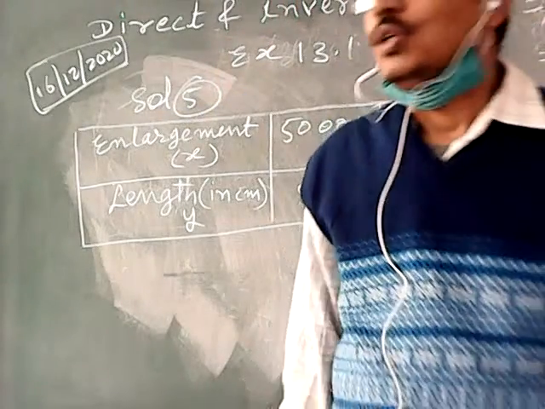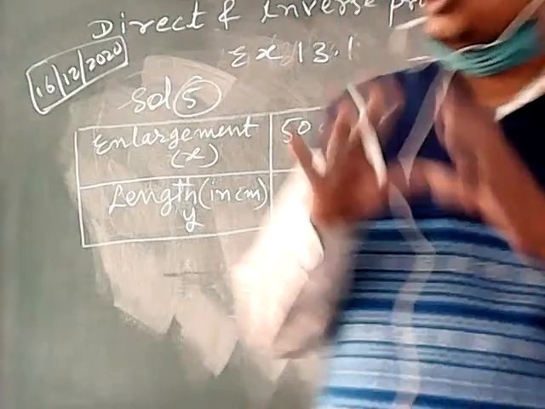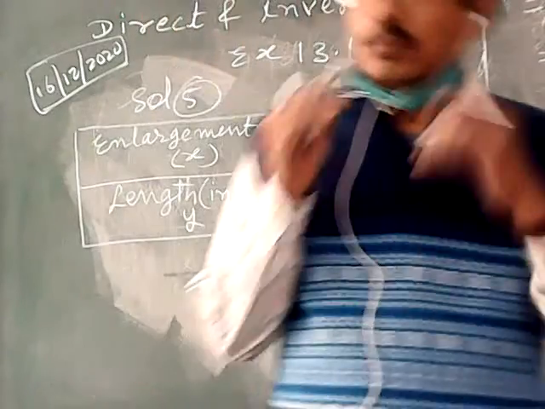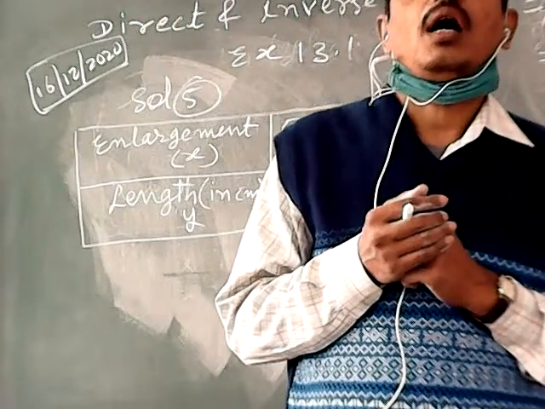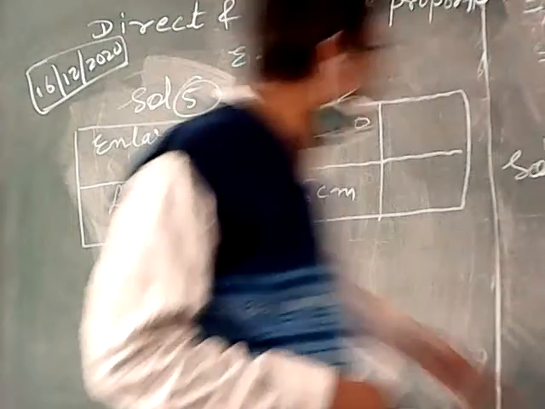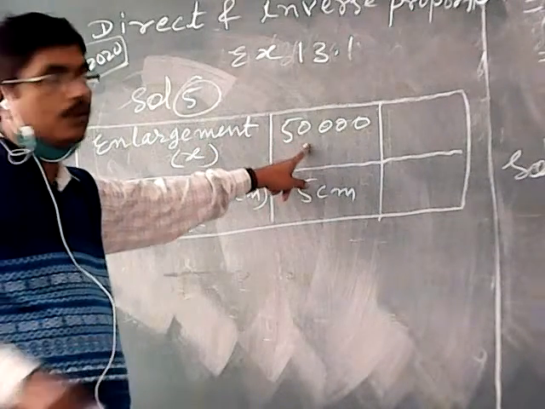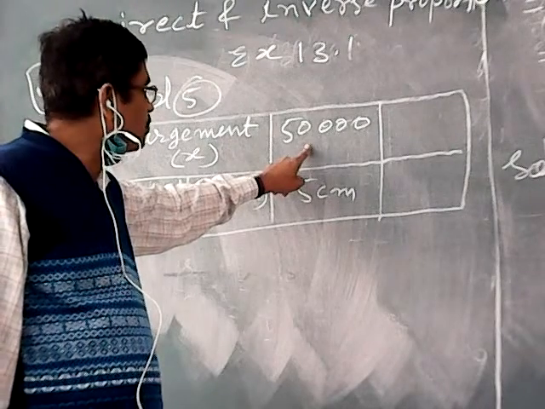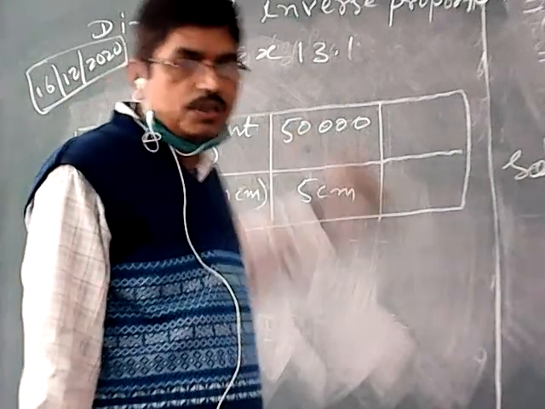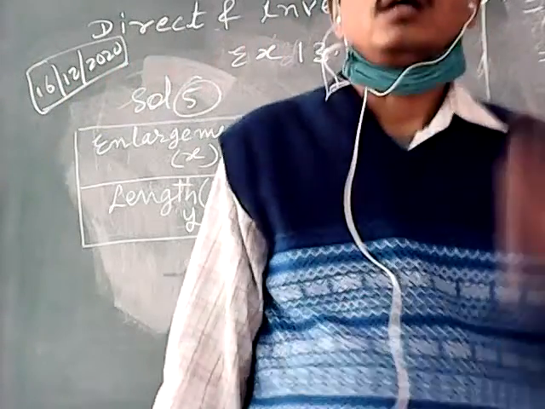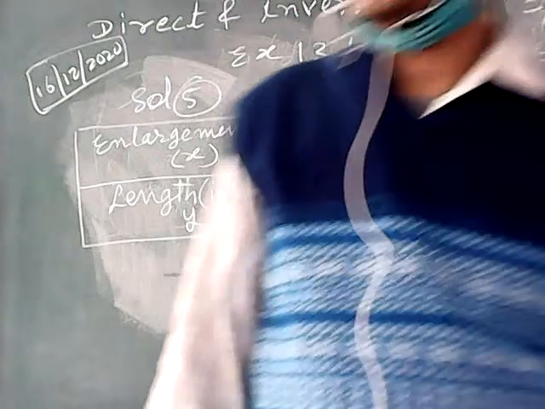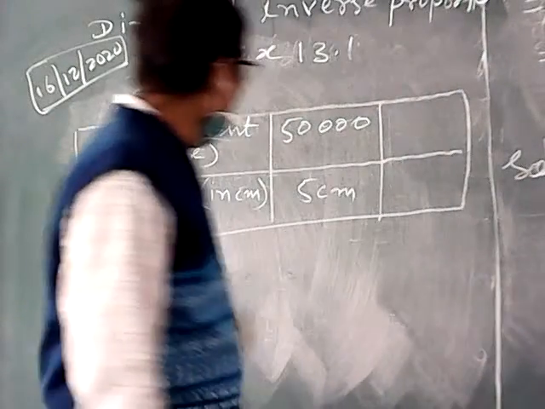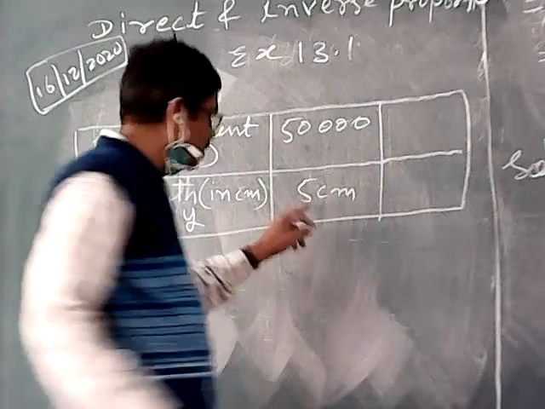हाँ वेरी गुड। तो जूम करने के बाद 5 सेंटीमीटर हुआ। कितने टाइम्स जूम किए? 50,000 टाइम्स। तब वो 5 सेंटीमीटर दिखा। ये 5 सेंटीमीटर बैक्टीरिया का लेंथ आफ्टर जूमिंग है.